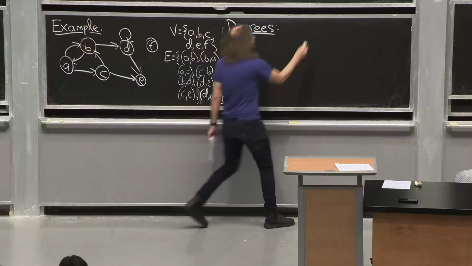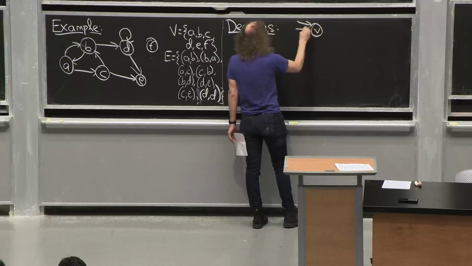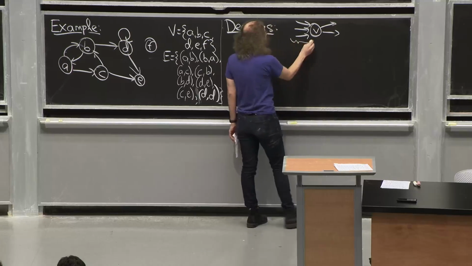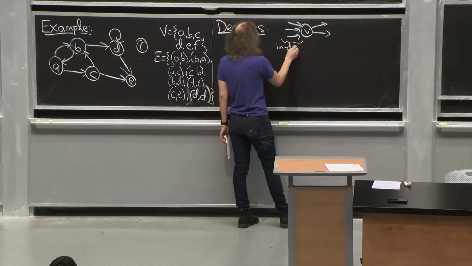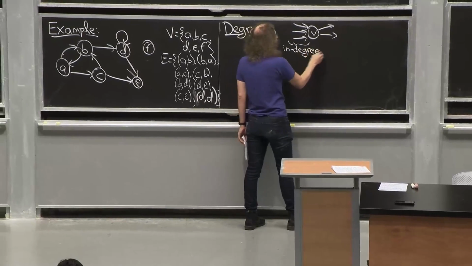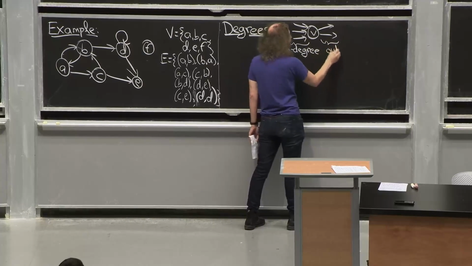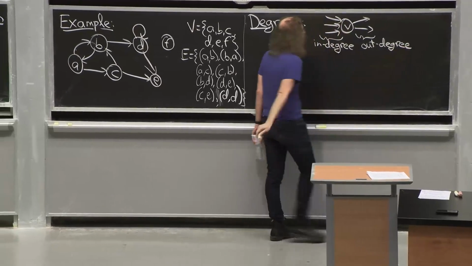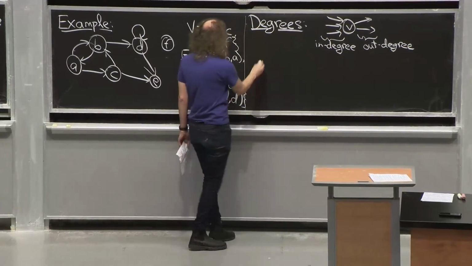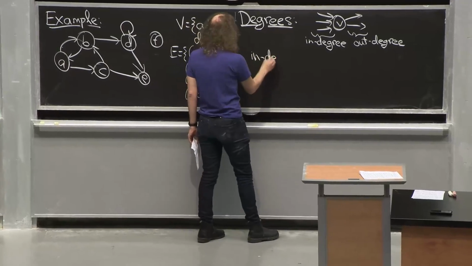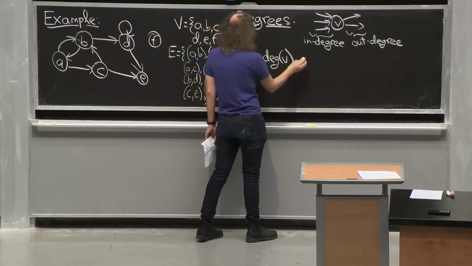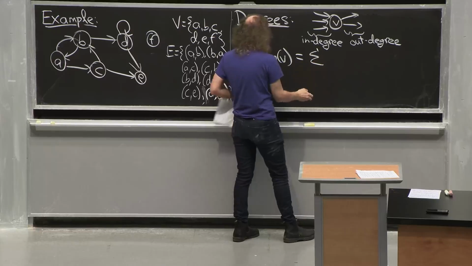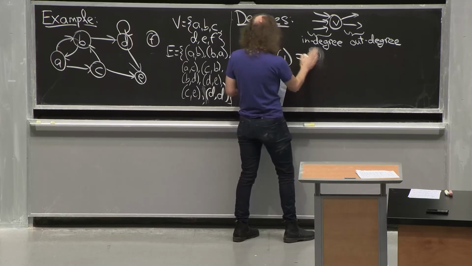So in general, I have a vertex V. It's going to have some incoming edges and some outgoing. We call this the in degree. And we call this the out degree. We don't define degree because it's confusing and ambiguous. So in degree, for example, of a vertex is not the sum.